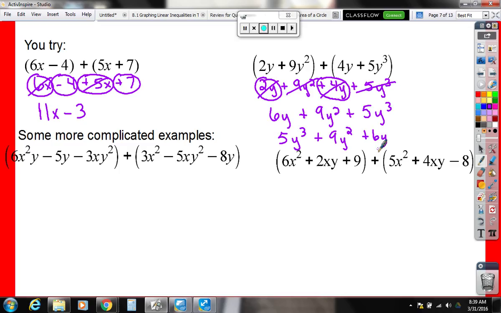Okay, let's take a look together at some of these more complicated examples. I'm going to rewrite this first without parentheses. Now, when we do these, there are a lot of products of variables.